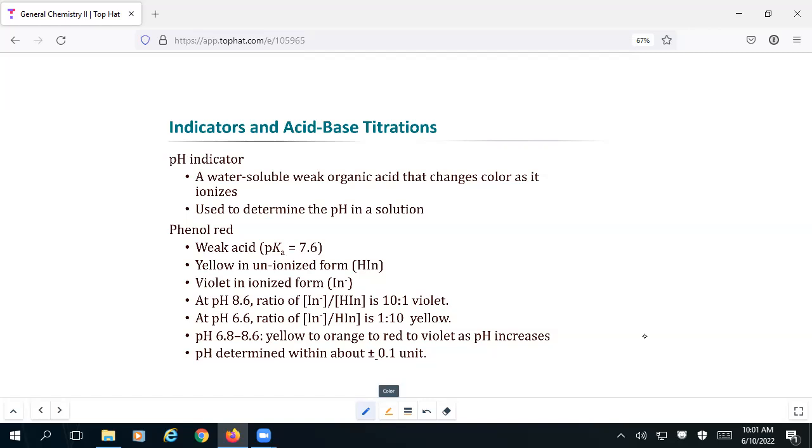That is the range of colors where we actually see the change. If it looks yellow, it can be anywhere between pH 6.6 and 1. And if it looks violet, same thing. It can be anywhere from 8.6 to 14.